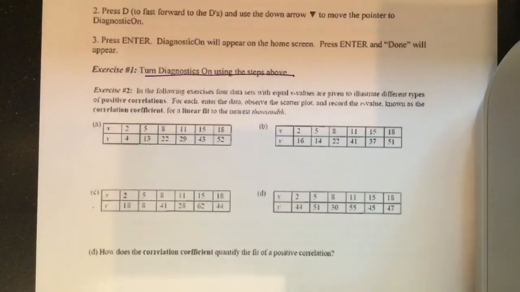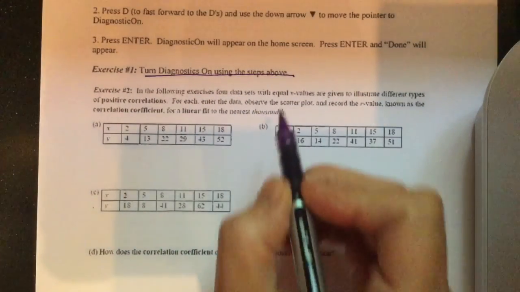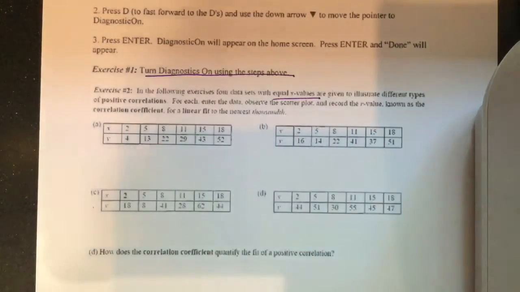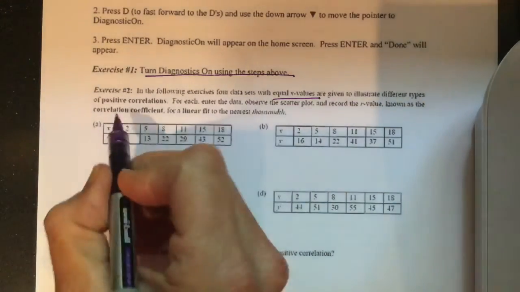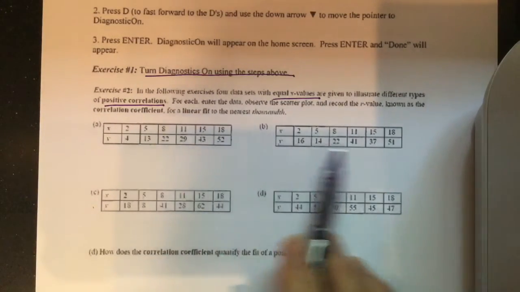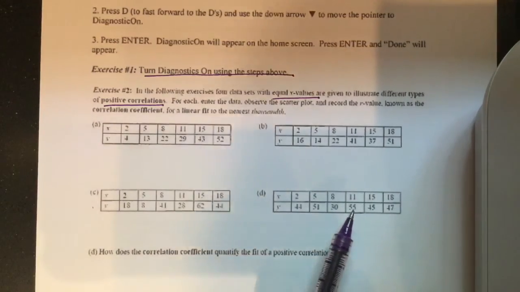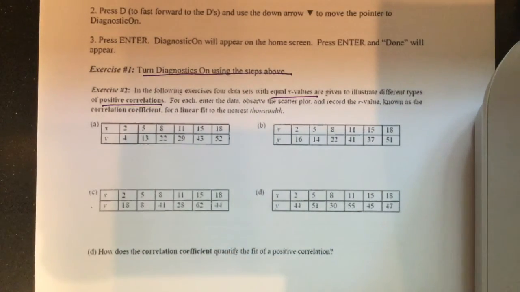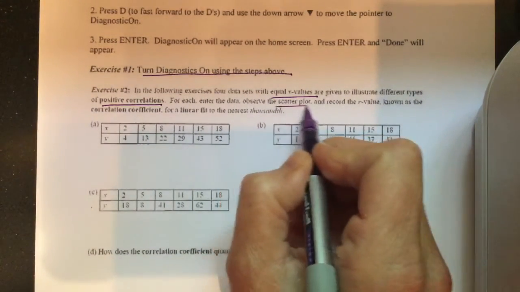Next, we're going to actually go to example 2. So now in example 2 here, we have all of the same X values here, but we're given different Y values. And we're going to find these different types of positive correlations. On each of these, the Y values are increasing, so that means we have a positive correlation. We're going to look at the scatter plots.